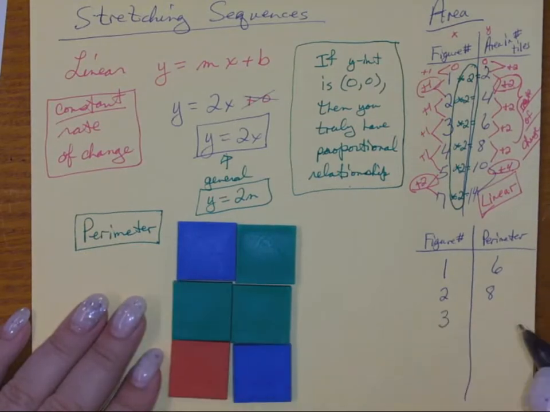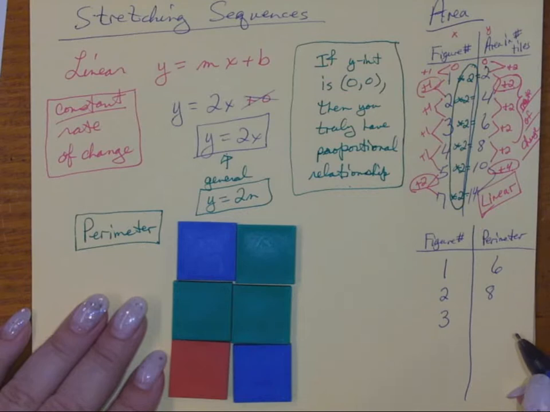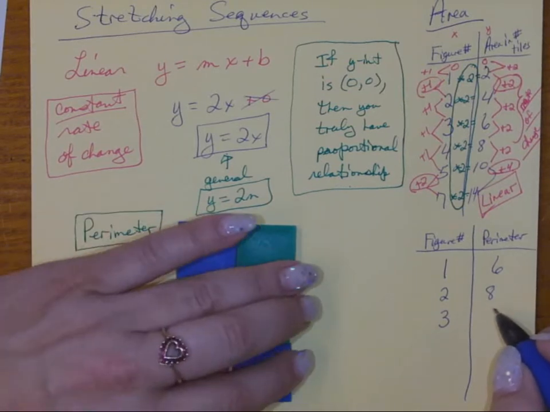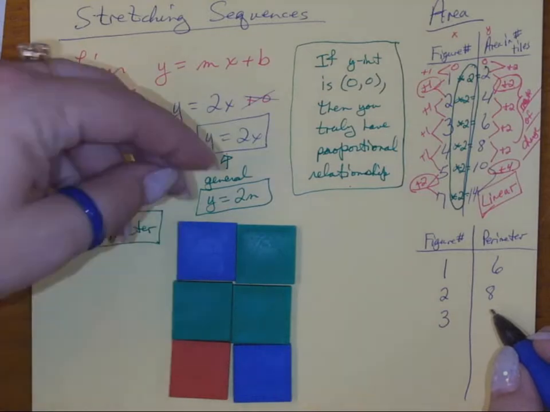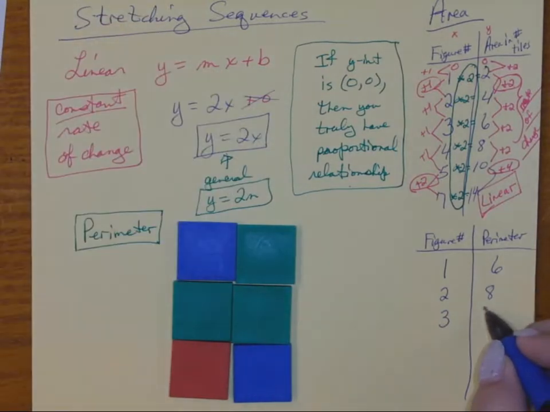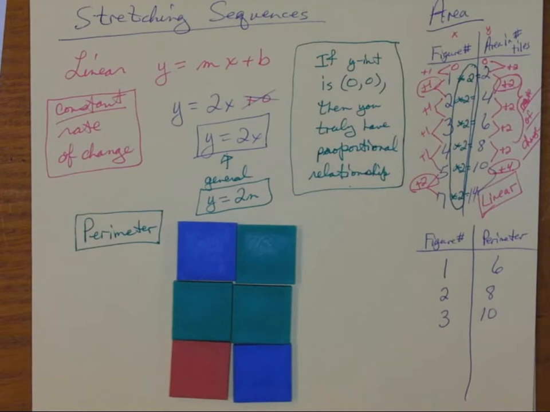And some of you probably know the perimeter formula, which would help me out here. But if you don't, then you're seeing 3 plus 3 is 6, plus 2 is 8, plus 2 is 10. And again, I'm seeing a lovely constant finite difference in there. So I think, oh my gosh, this is working out great.